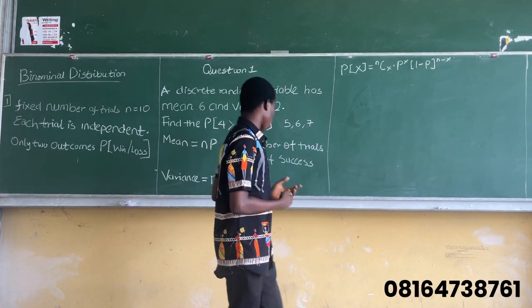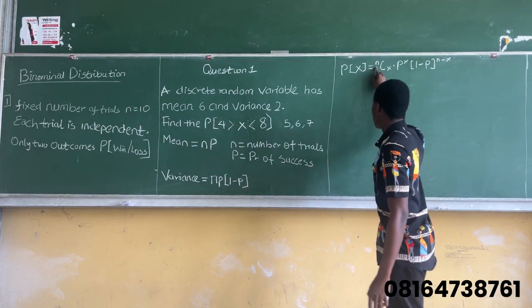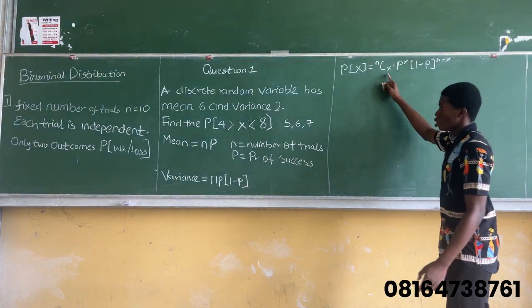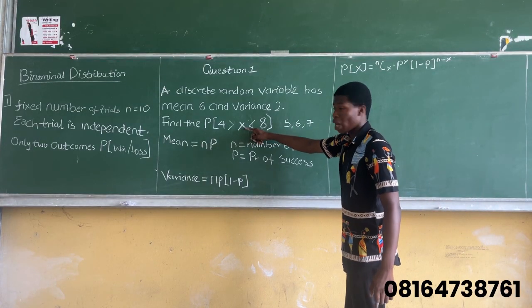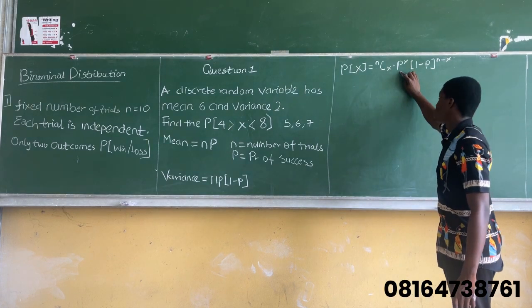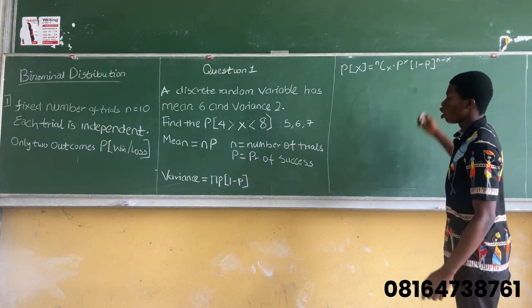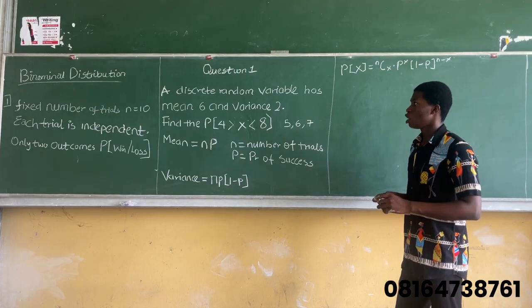So as earlier said, n is the number of trials, x is the number that we are looking for, p is the probability of you succeeding, and n is also the number of trials. So now we are going to be using this formula to work out this problem.